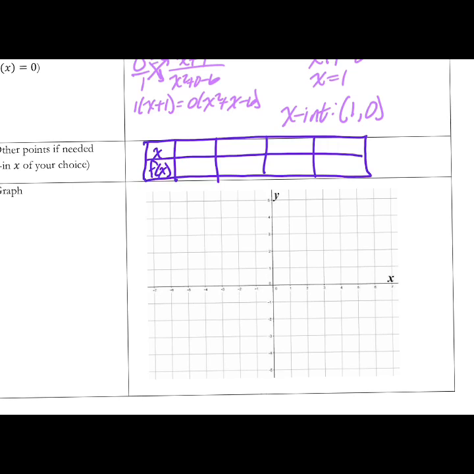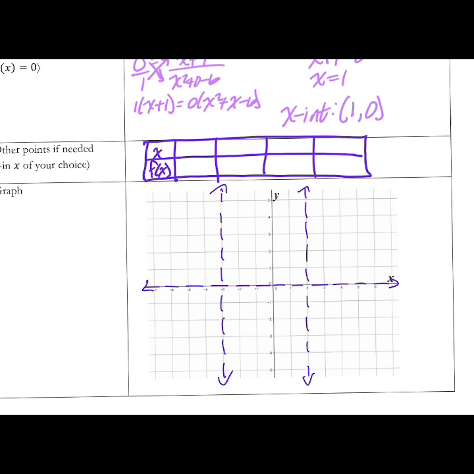I have a vertical asymptote at negative 3. And I have a vertical asymptote at 2. And I have a horizontal asymptote at 0. Okay, so there's my asymptotes.